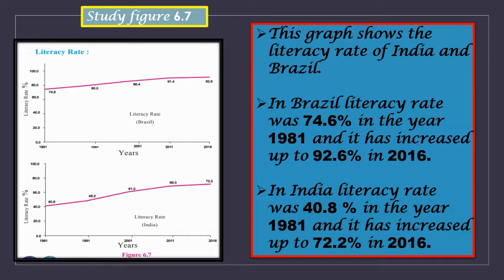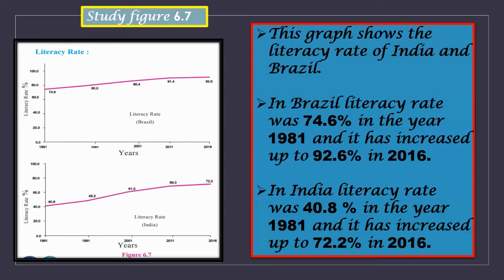The first graph tells us that in 1981 the literacy rate was 74.6 and it went on increasing. It was 92.6 in the year 2016. This means that the literacy rate of Brazil is increasing and it is high.